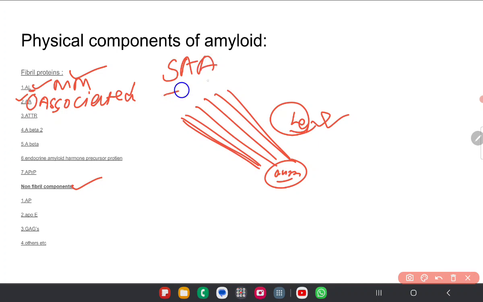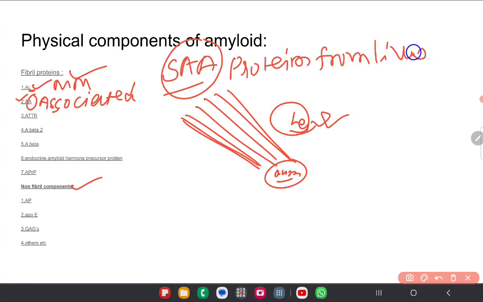SAA protein from the liver. This associated protein is the serum amyloid associated protein released from the liver, which causes AA amyloidosis.